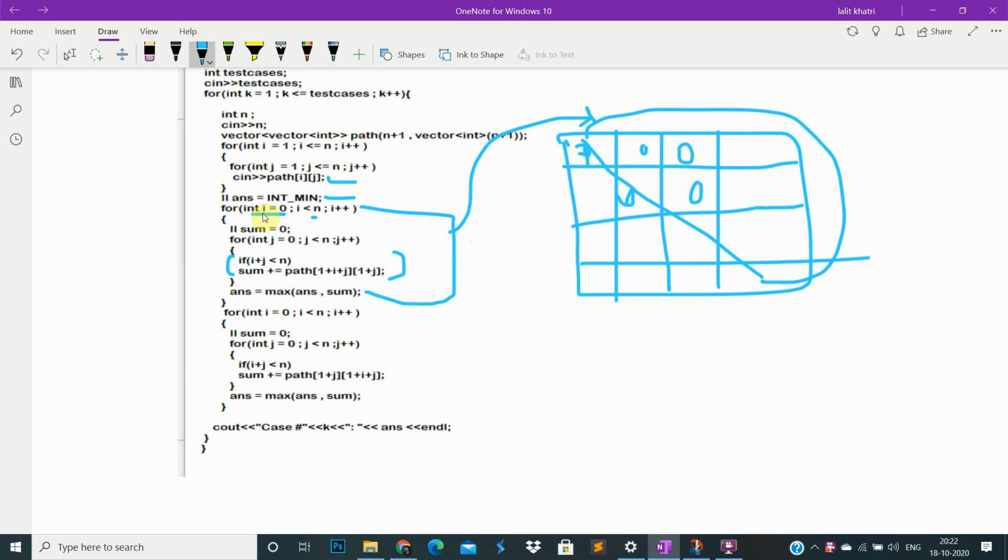I will create n, and because this is always 1 comma 1, this is 1 comma 2, this is 1 comma 3, 1 comma 4, the first element 1 is always constant, only the y coordinate is increasing. So in the half upper matrix, only y is increasing in the first row.